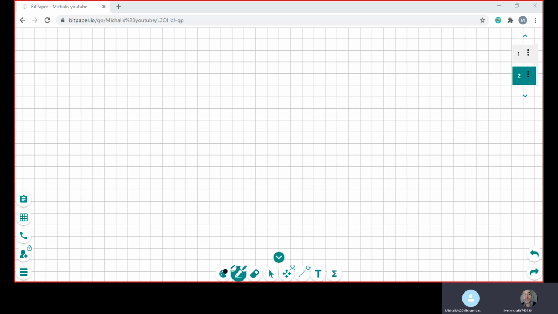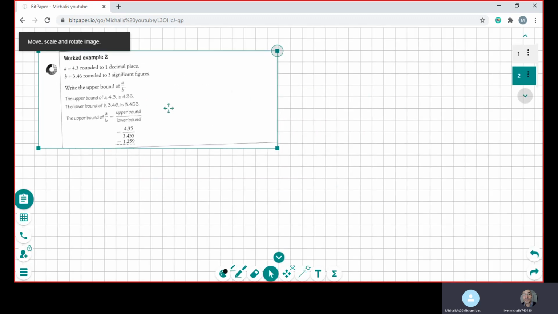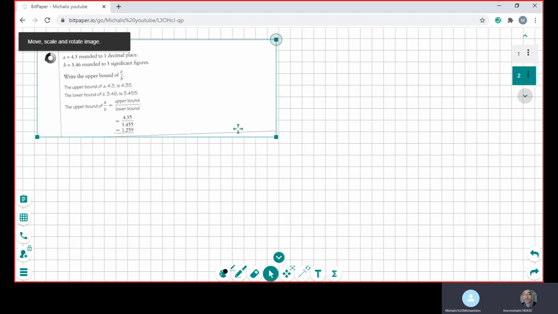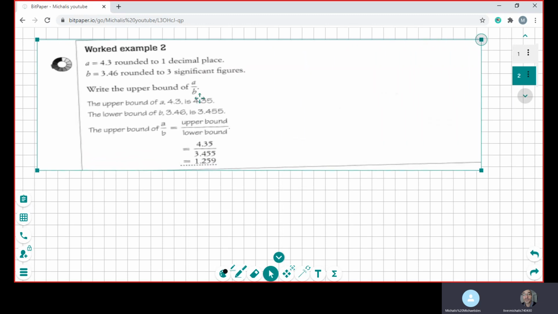If you see this example on the screen, here we have a fraction a over b. The numerator of the fraction a is rounded to 1 decimal place, and the denominator is rounded to 3 significant figures.